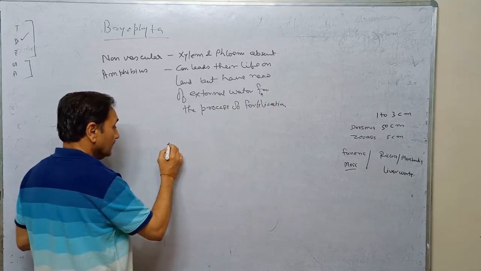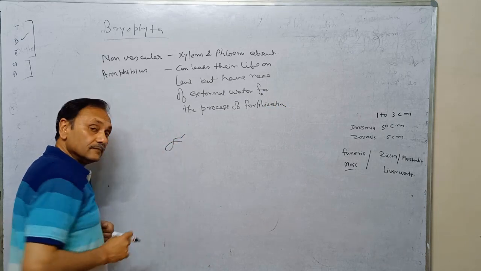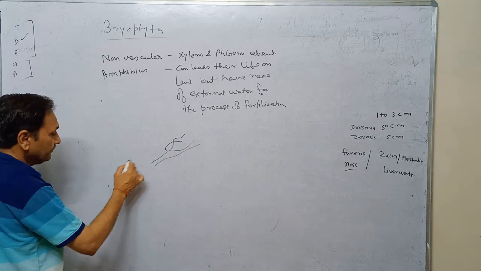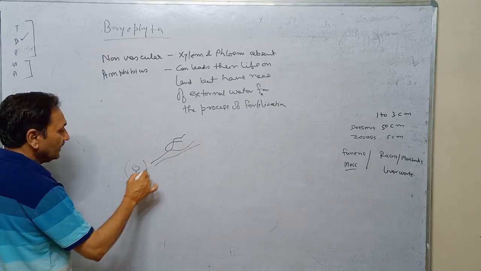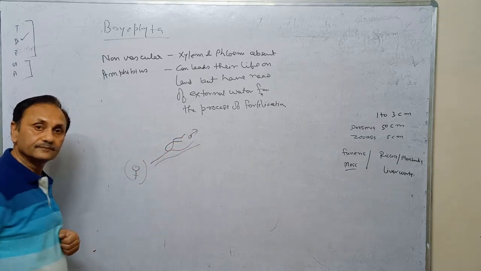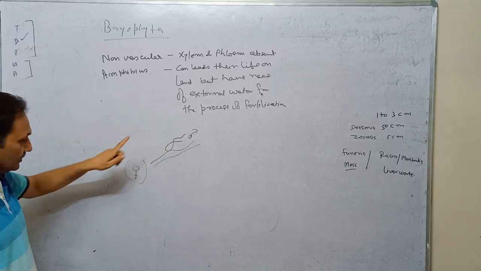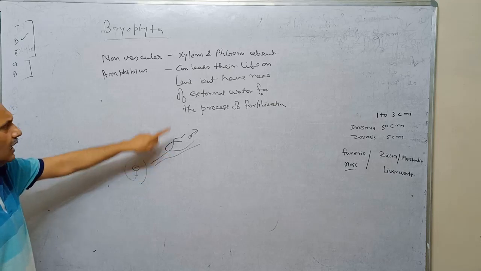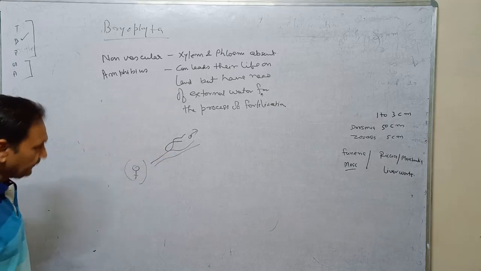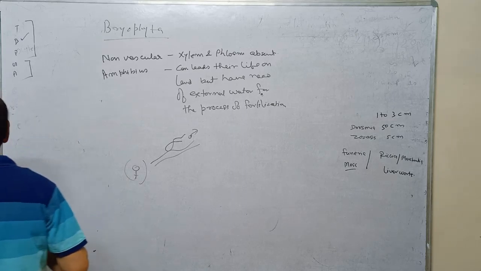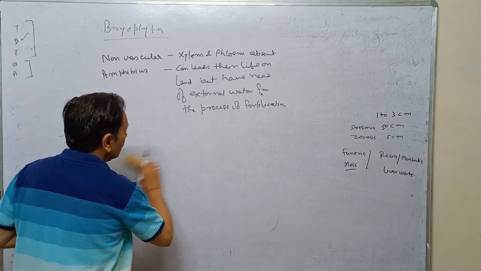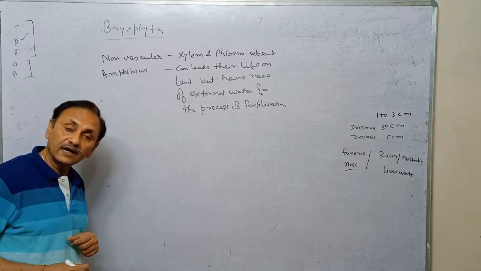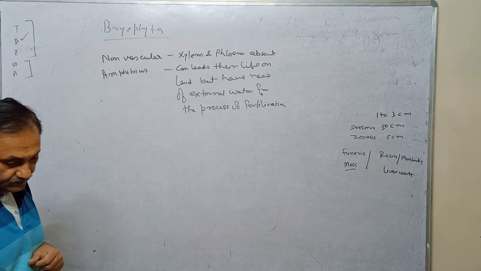It means its male gamete swims over the external water to reach the female gamete. Male gamete comes in contact with the female gamete with the help of external water, and this is the definition of amphibious. Just like the frog, which can lead its life on land also, but needs water for the purpose of fertilization.